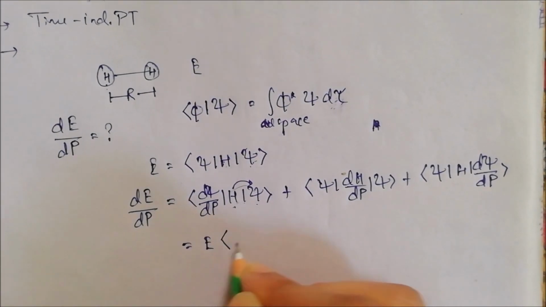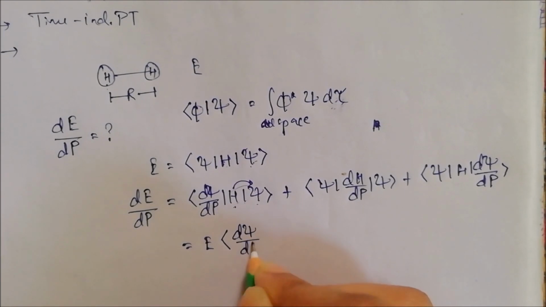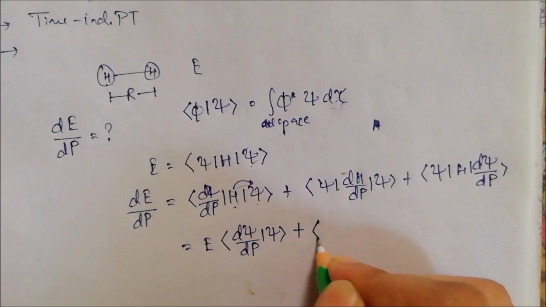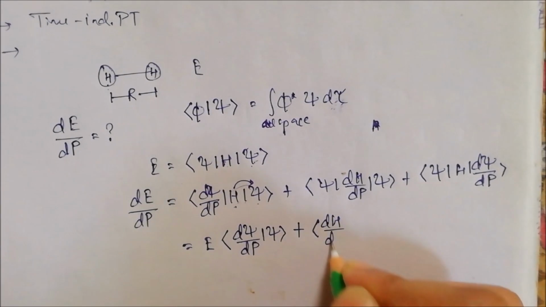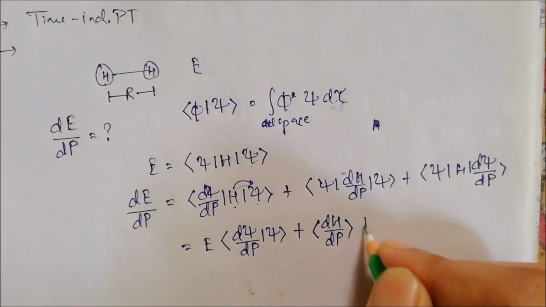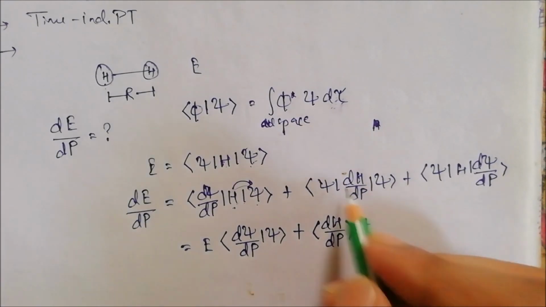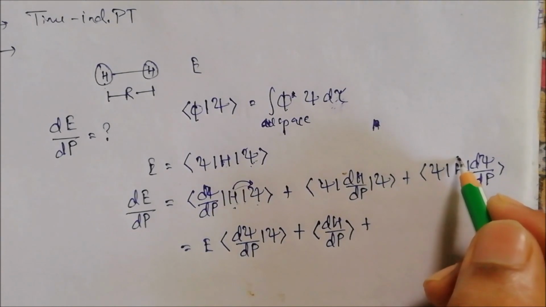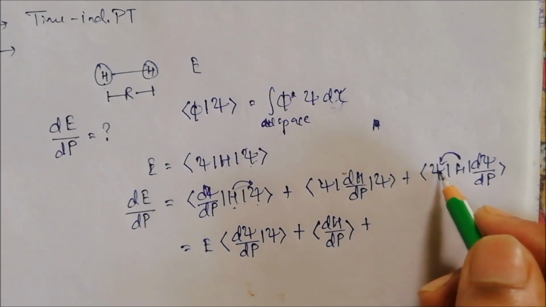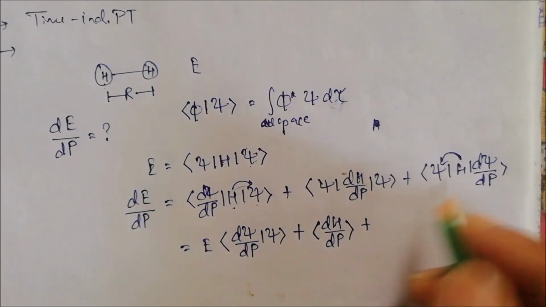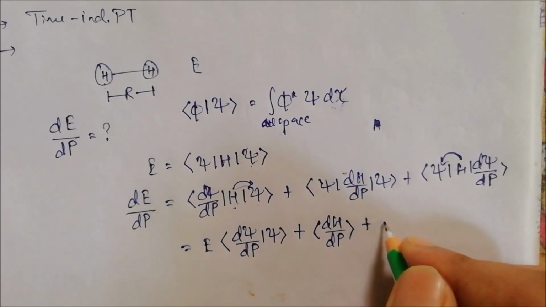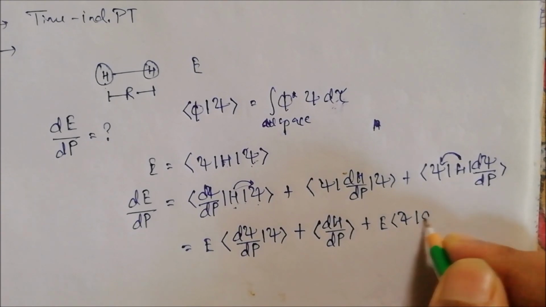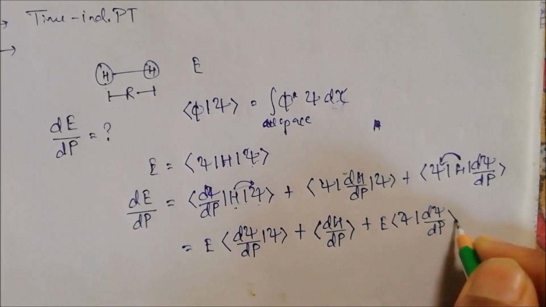So it's E times the inner product of d psi/dp with psi, plus the expectation value of dH/dp in state psi. And since H is Hermitian, it can act on the bra vector also, so it again gives us the energy, so it's just E times psi with d psi/dp.